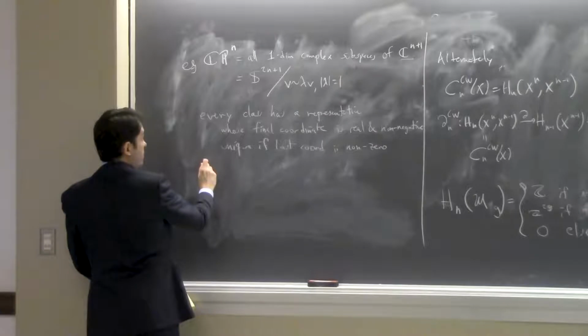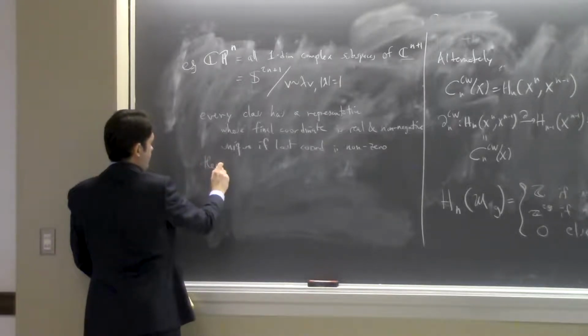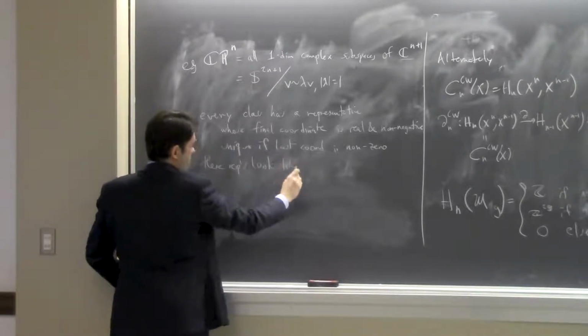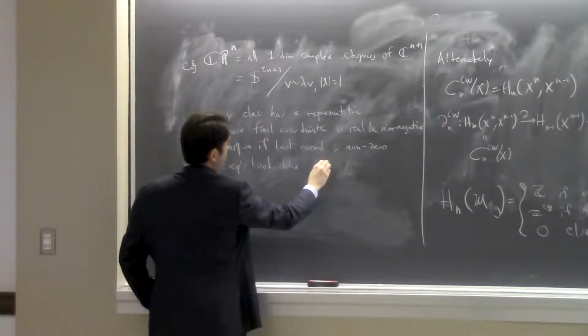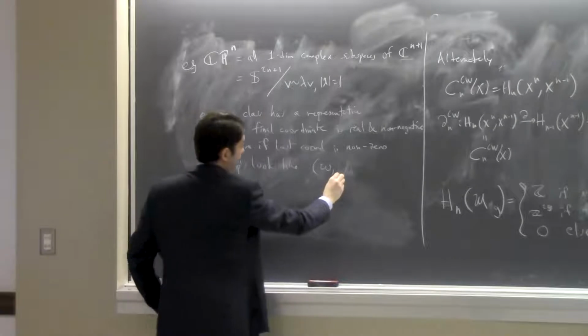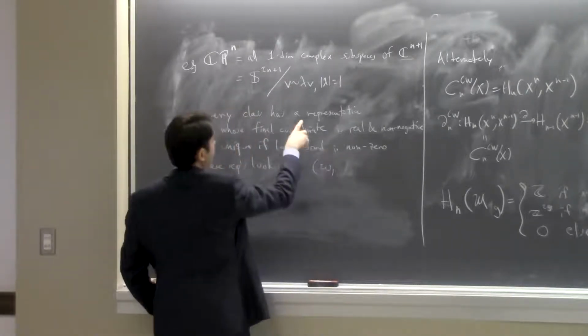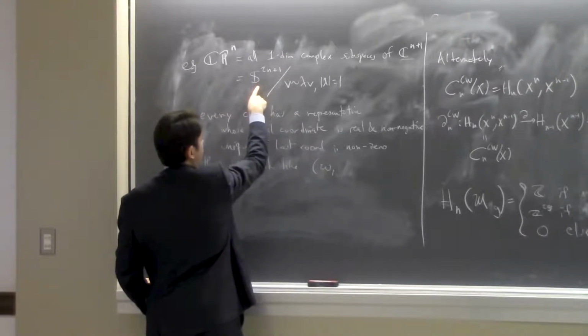Okay, so these representatives look like some vector ω, and then the last coordinate is a real number, and it has to end up in the sphere.